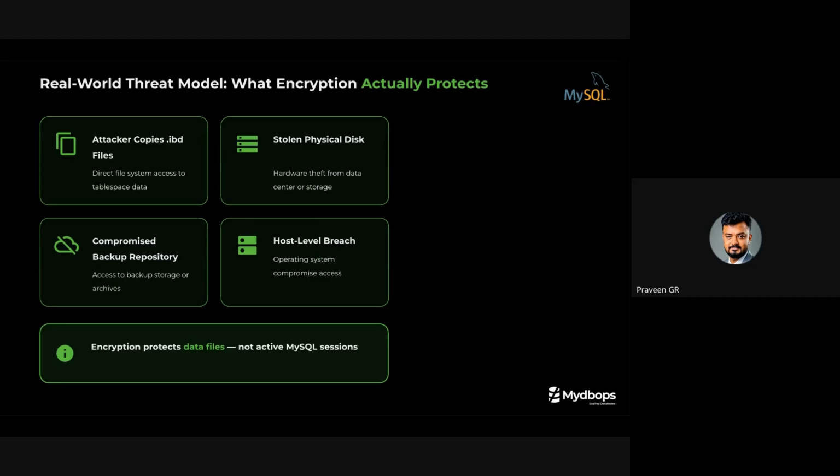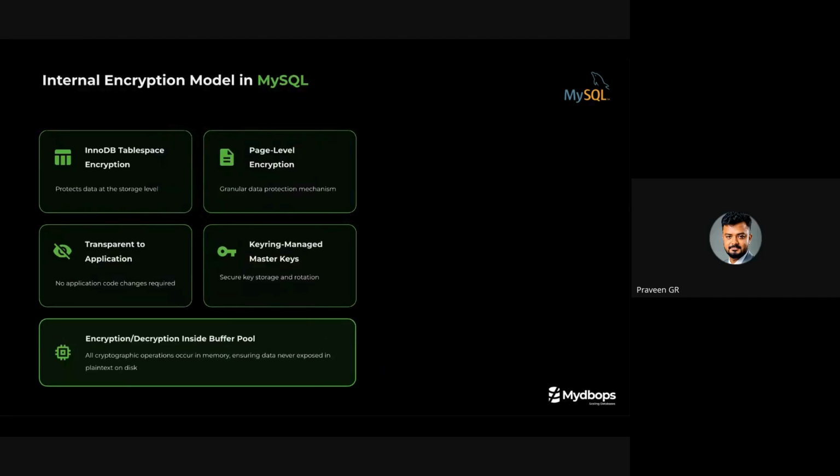To maintain that, we need to ensure that the data is fully protected. If any directory, snapshot, or backup is exposed, they can restore it on a different machine, spin up a machine from that, and retrieve the data. To avoid these kinds of data breaches, we need to encrypt the data on the server.